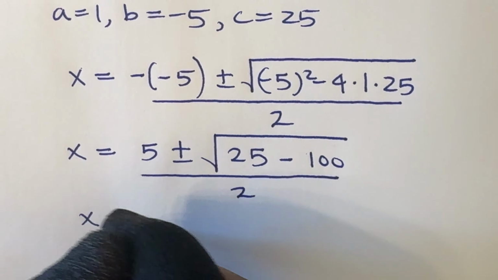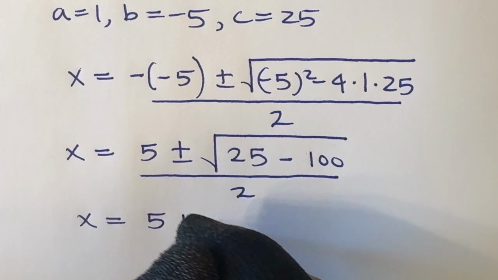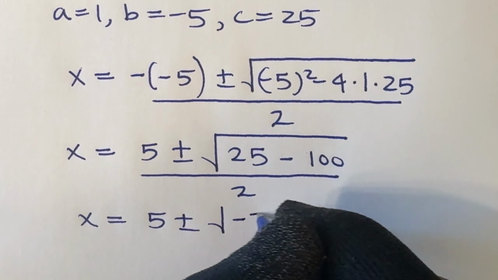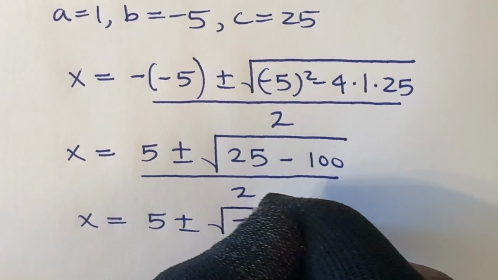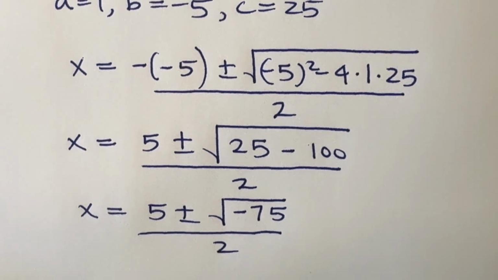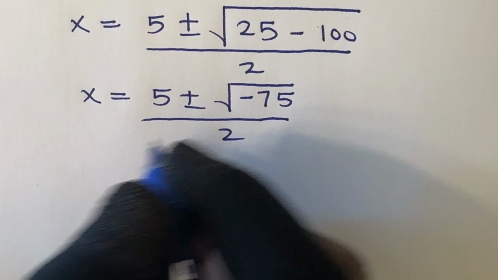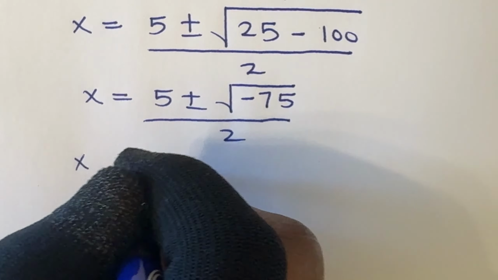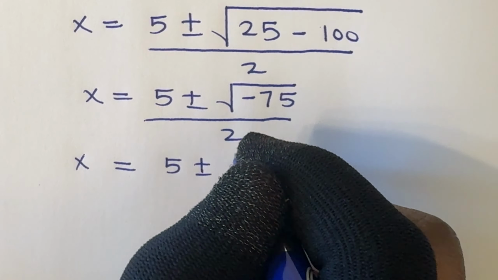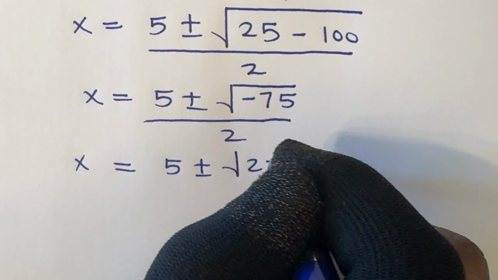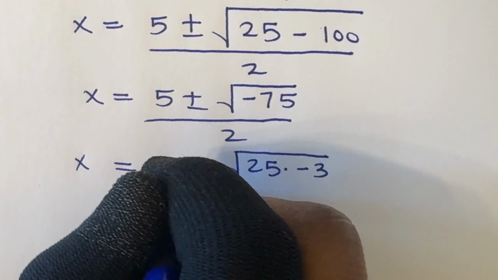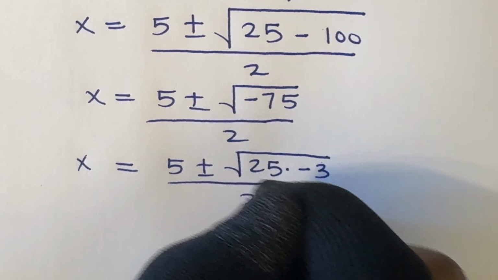So x is equal to 5 plus or minus the square root of negative 75, divided by 2. So x is equal to 5 plus or minus the square root of 25 times negative 3, divided by 2.